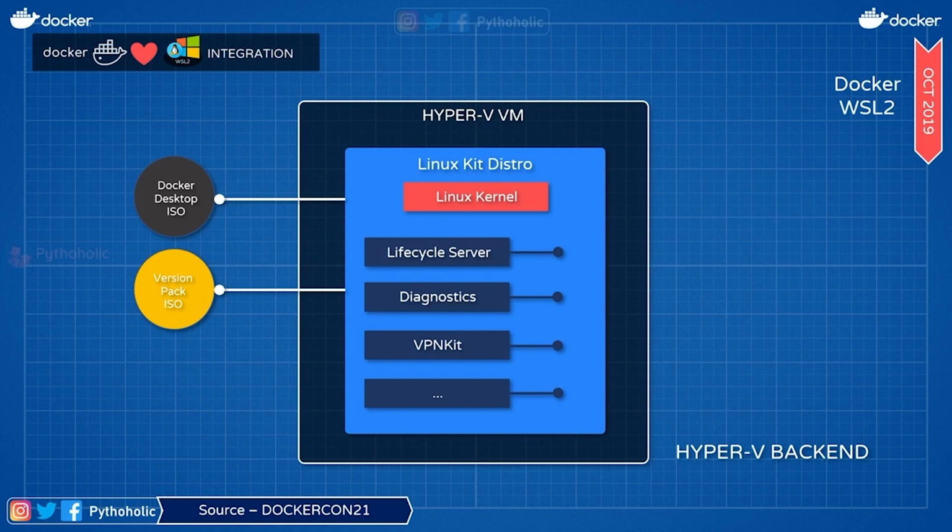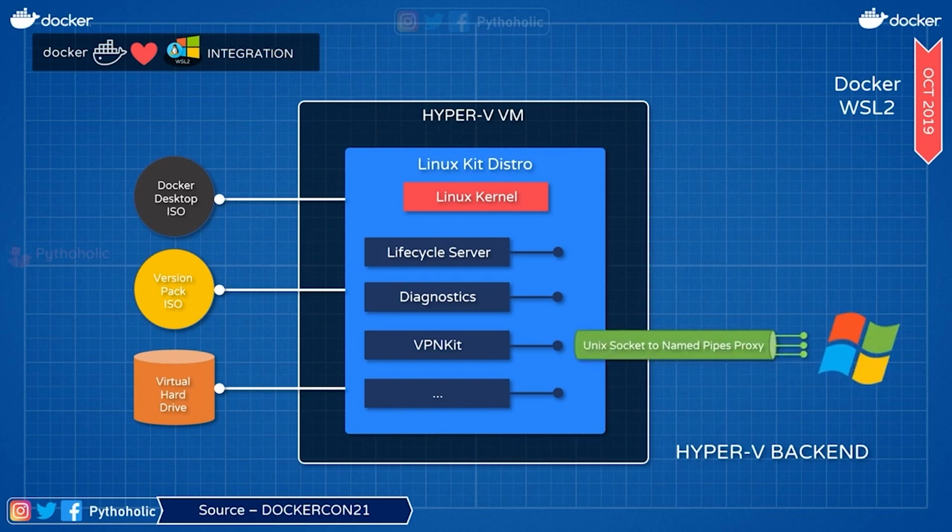Then, in order to store container images and configuration files, they attached a virtual hard drive before starting the virtual machine. And they did a very interesting and logical thing by introducing a proxy that would expose the Unix socket as Windows named pipes using Hyper-V sockets, so that the services mentioned above could be reachable from the Windows side. Smart, isn't it?